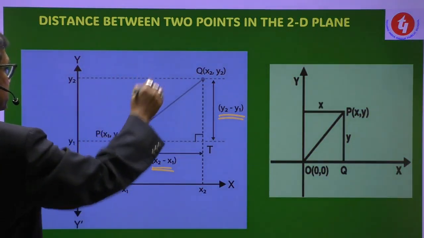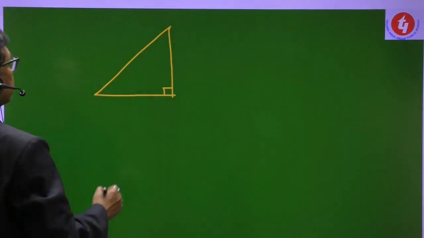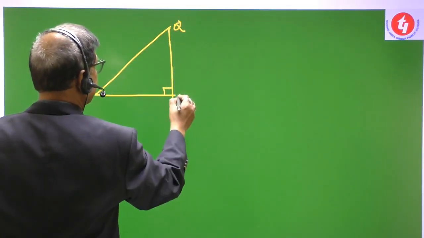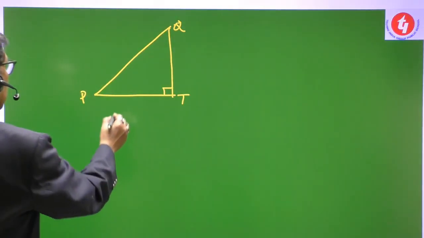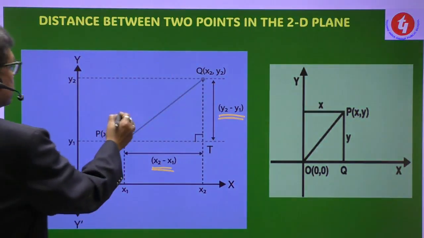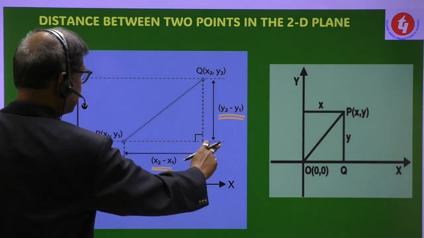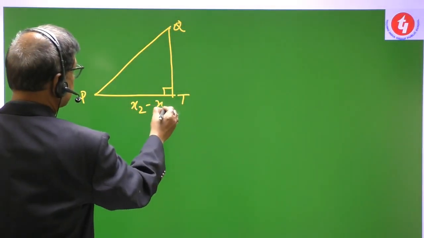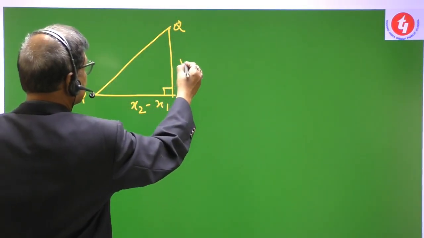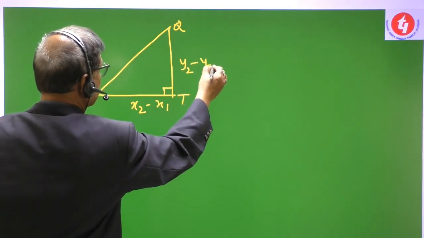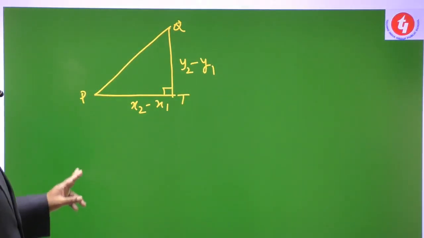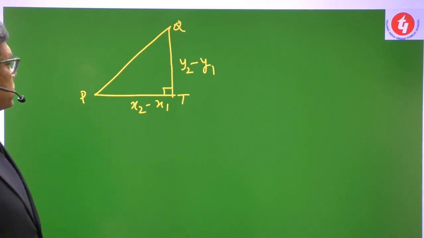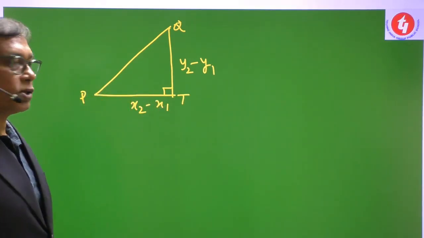This is P and this is Q and this is T. And PT we got x2 minus x1, and QT is y2 minus y1. And we have to find the length of PQ. So easily you can find applying Pythagoras theorem.